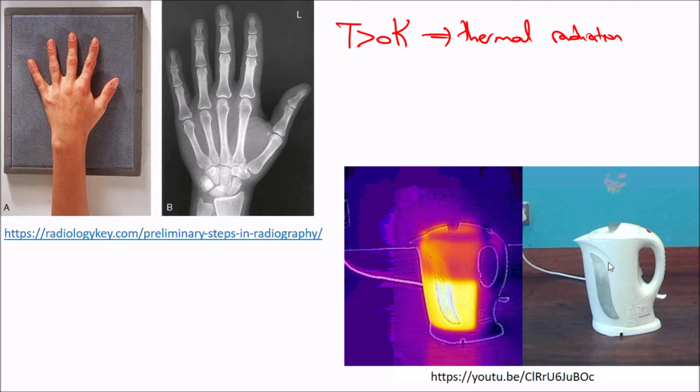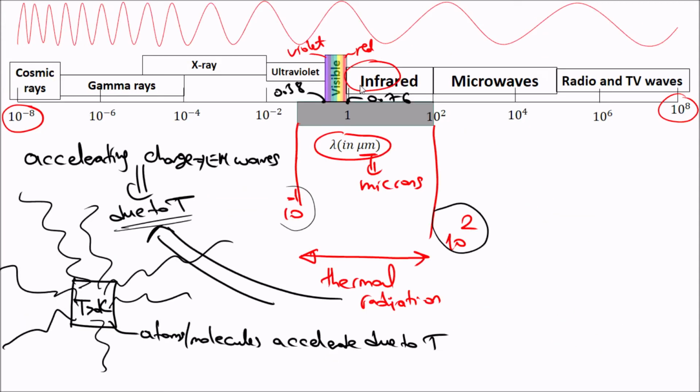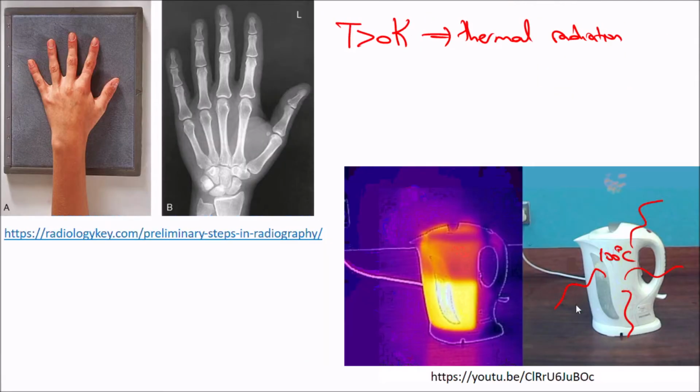Here we have a temperature of around, say, 100 degrees Celsius, but the thermal radiation from the body is not in the visible range, so we cannot see it. It is in the infrared range. We will see in the next slides why it is in the infrared range. So these electromagnetic waves from the body are in infrared.